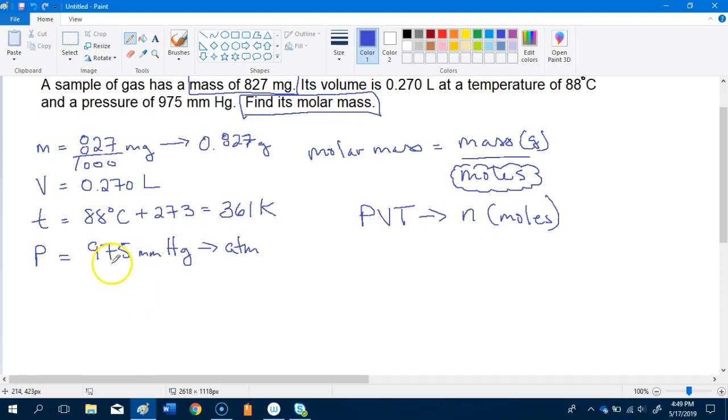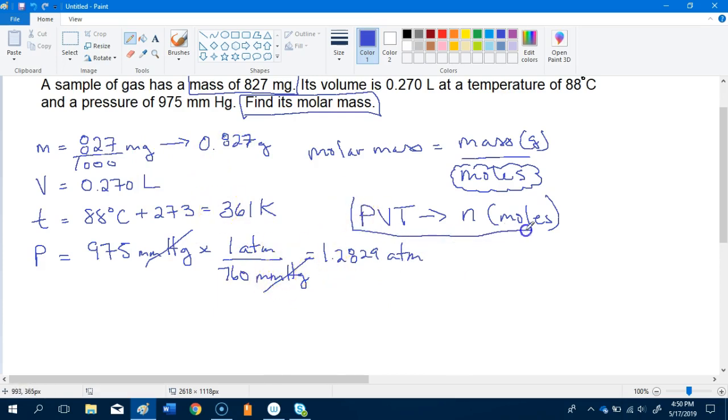Lastly, to convert to atmospheres, I multiply, and I know 1 atmosphere is equal to 760 millimeters of mercury. My millimeters of mercury cancel out, and 975 divided by 760 is equal to 1.2829 atmospheres. So that's my first step, to do any conversions to get to my base units.